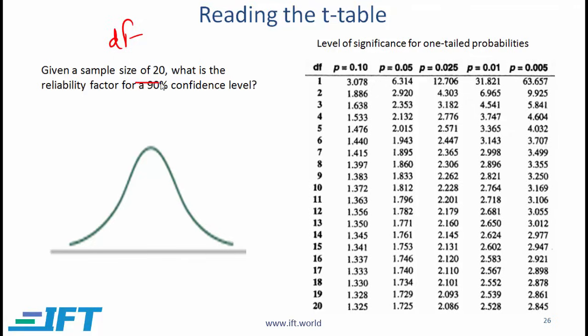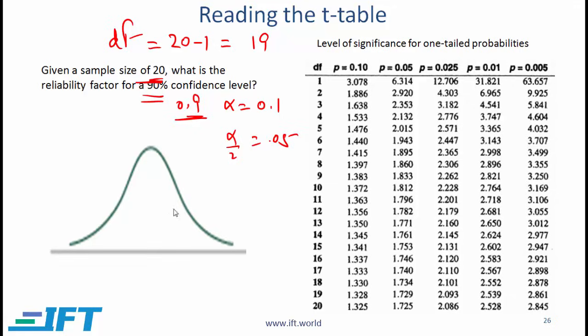If the sample size is 20, the degrees of freedom is 20 minus 1, which is equal to 19. We also need the confidence interval, which is 90%. 90% confidence interval is 0.9, and as we just said, alpha then becomes 1 minus this, which is 0.1, and alpha over 2 is 0.05.